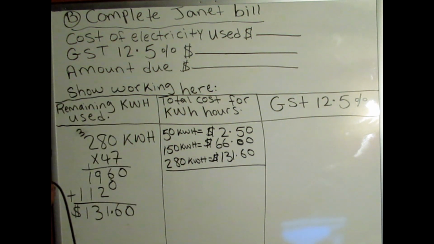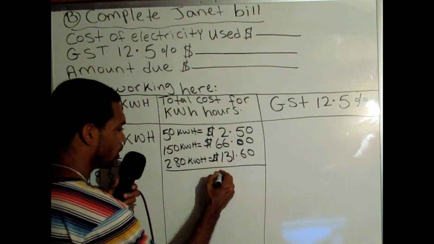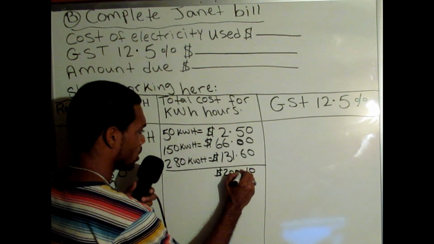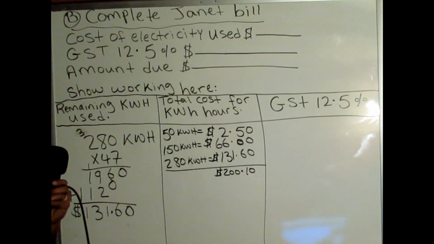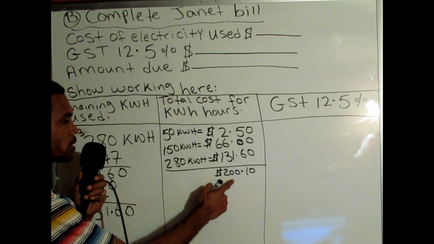Then in the box, if we go back, we'll realize that when we add up these three numbers, we got $200.10. But remember, when you went back to the box, it says round $200.10 to the nearest dollar.